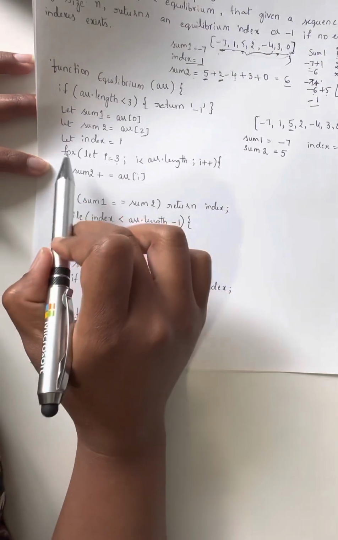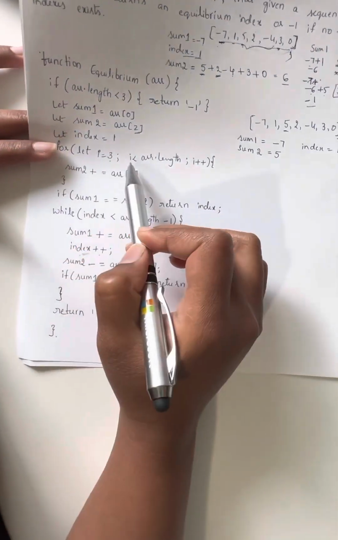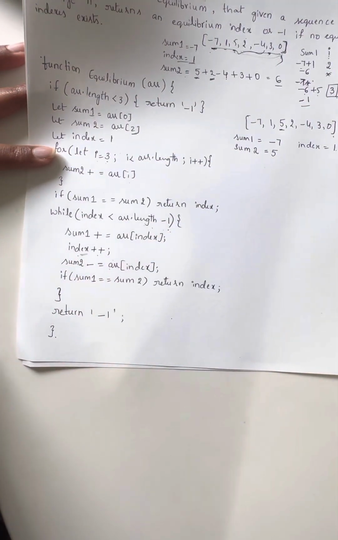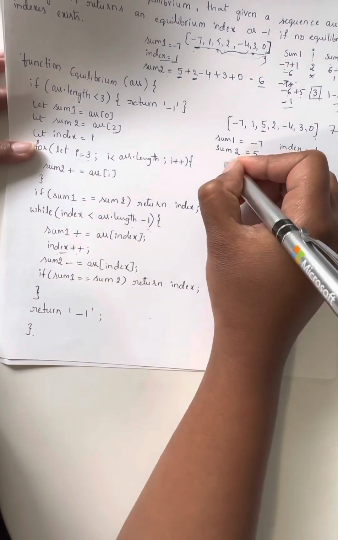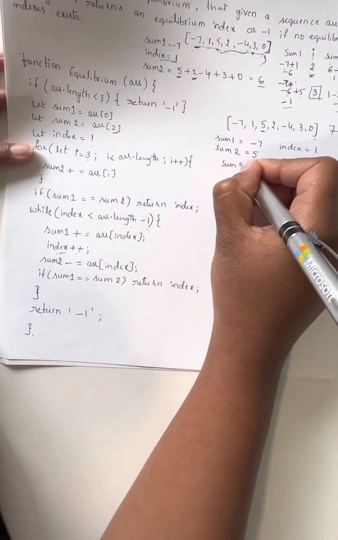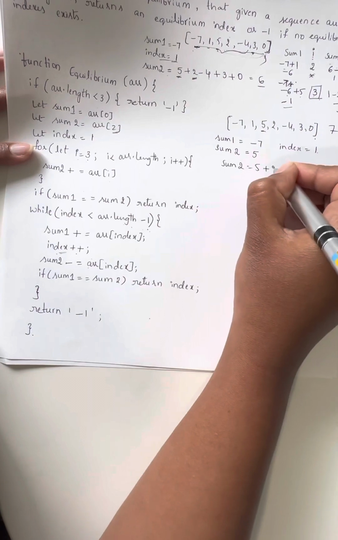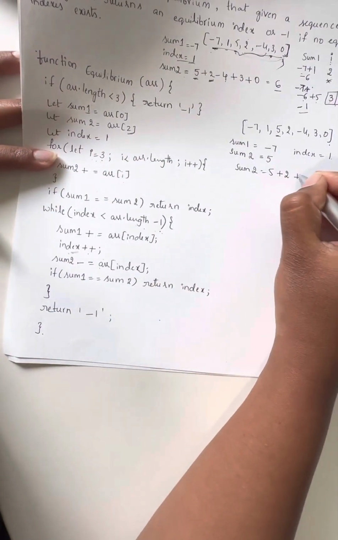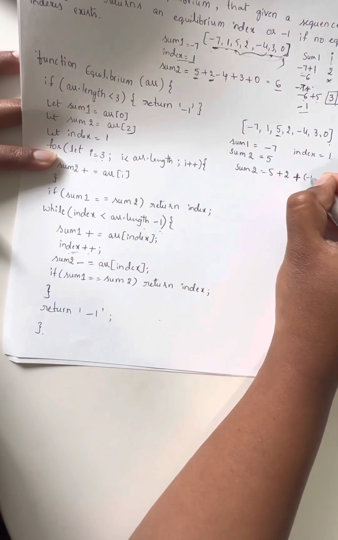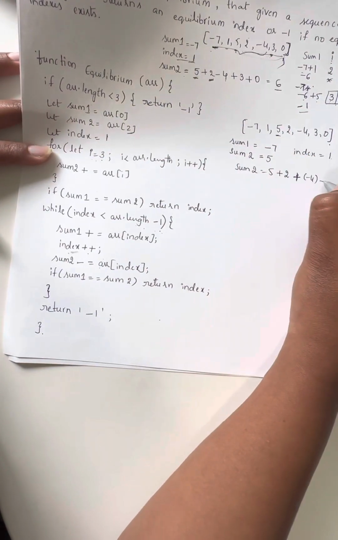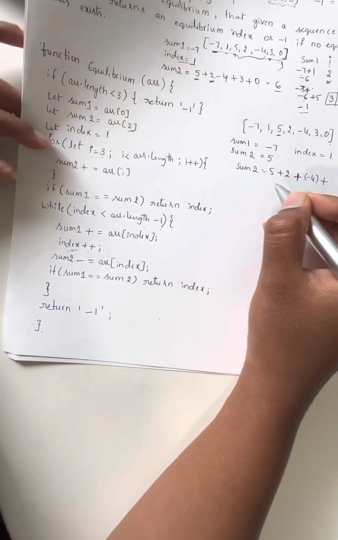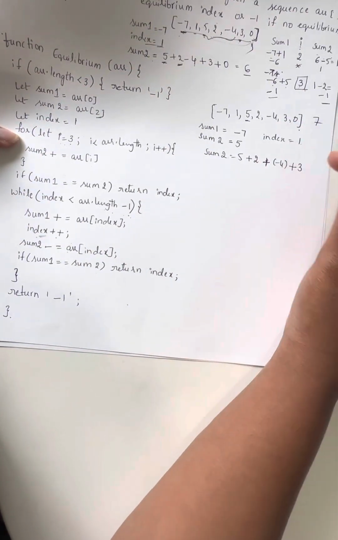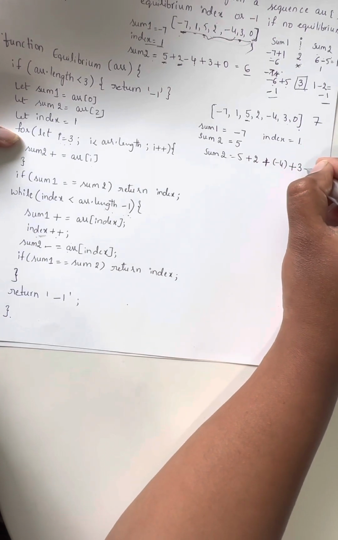Then we start the for loop from the index 3, and we are gonna add up all the elements from index 3 to sum 2. So sum 2 becomes 5 plus 2, then I is incremented, plus the next element is minus 4, the I is incremented, and it becomes 5.